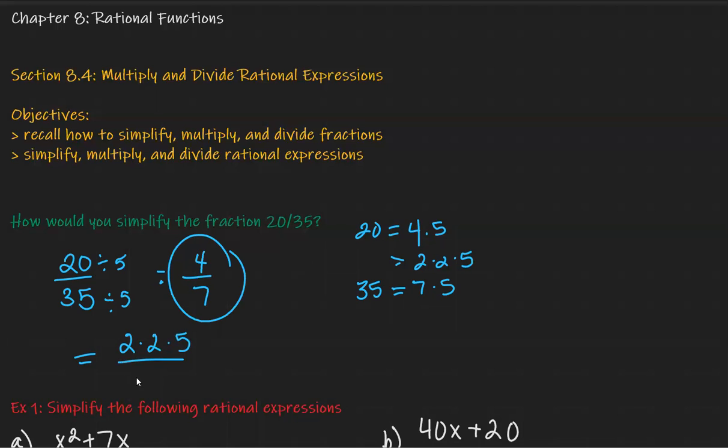In the denominator we have, just for the sake of having the 5's close together, 7 times 5. Then notice that this 5 over 5 divides out to just 1, right? 5 divided by 5 is 1. So we're left with 2 times 2, which is 4 over 7.